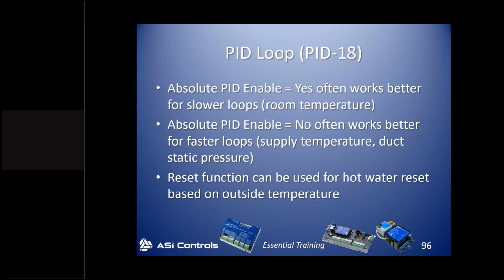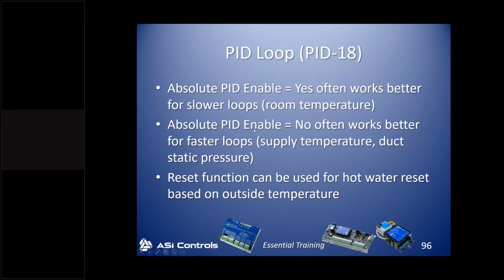That's not going to respond that quickly. As opposed to if you move a chilled water valve, then the supply air temp tends to change fairly quickly. And I think duct static pressure tends to fall into that group too. If we change the speed of the fan, we should see the static pressure input change fairly quickly.